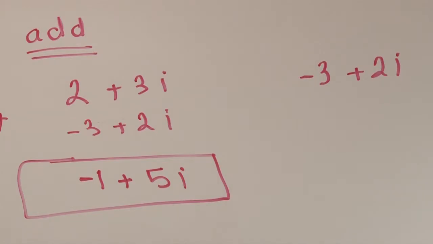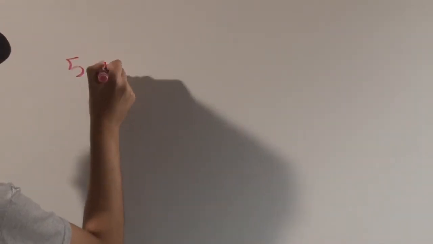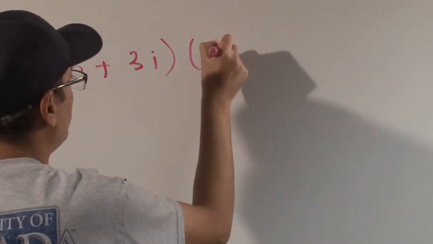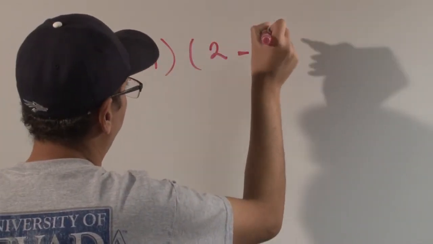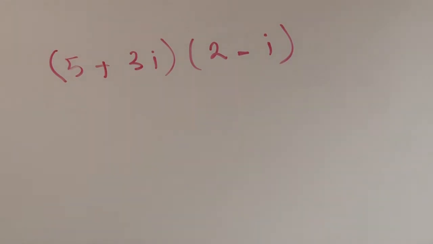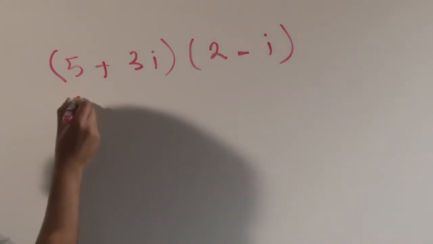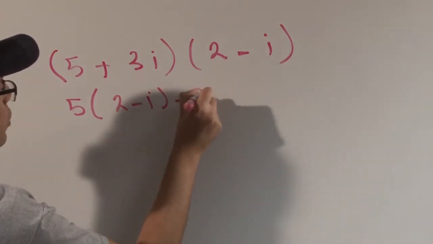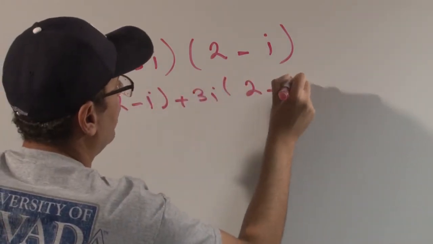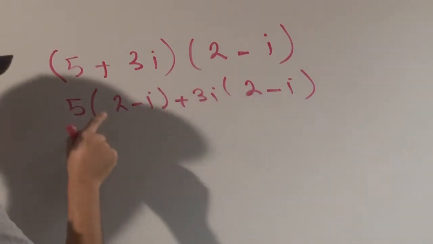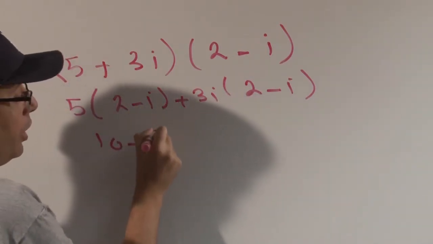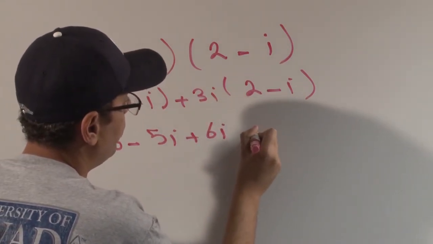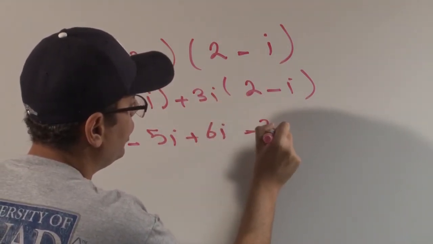Very easy, right? Now 5 plus 3i times 2 minus i. Let's distribute. 5 times 2 minus i, plus 3i times 2 minus i. 5 times 2 is 10, minus 5i, plus 6i, minus 3i squared.